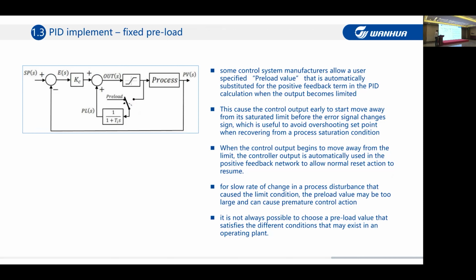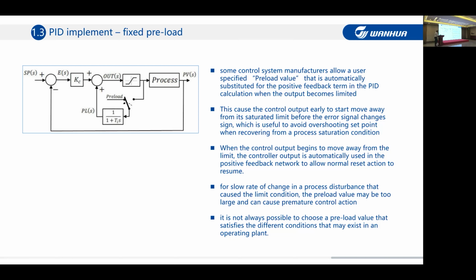For example, in the vessel pressure example I mentioned, if we have a preload at 20 here, then we don't need the error to change the signal from negative to positive or positive to negative.